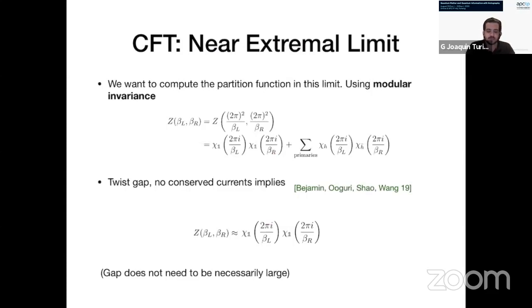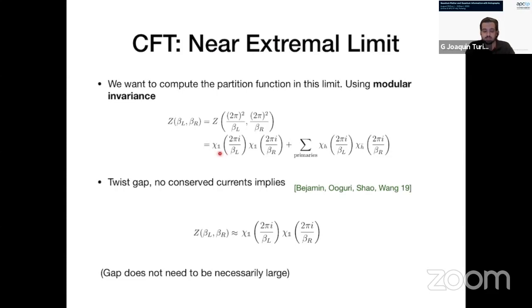I'm taking beta right to be very small, so I'm taking the right moving temperature to be very big. If I go to the dual channel, I'm looking at the right moving temperature very low. And that picks the vacuum to dominate in the right moving sector. So I have a state with H right equals 0. What the twist gap tells you is that there is no state with HR equals 0 besides the identity.